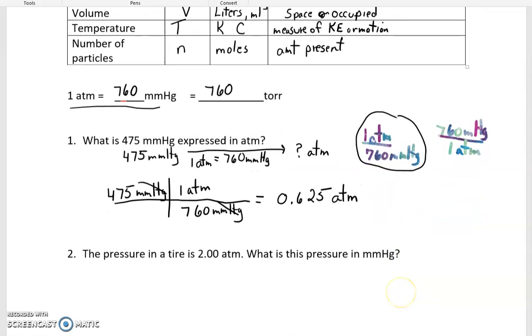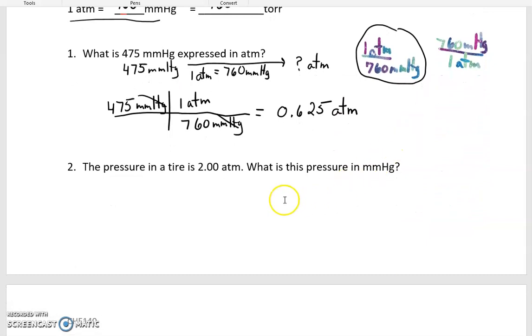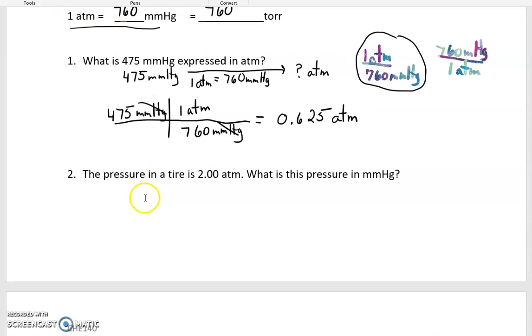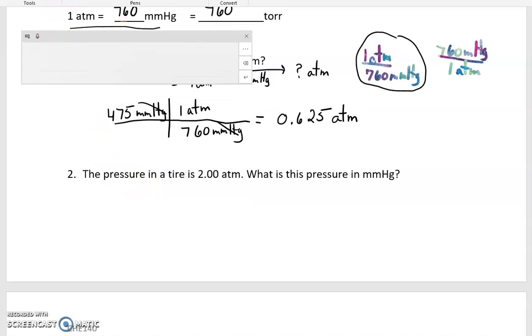So let's move up. The pressure in a tire is 2 atmospheres. So we're starting with 2 atmospheres, and we'd like to know how many millimeters of mercury.